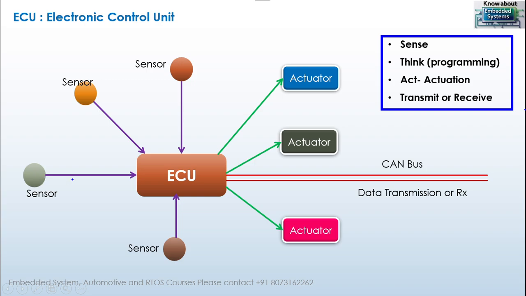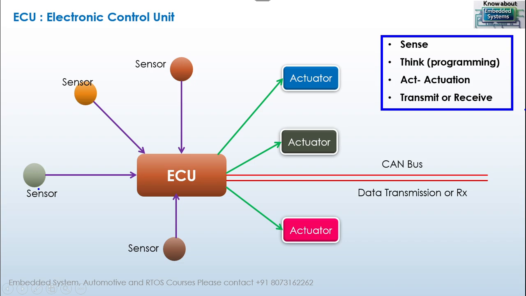Usually we use a communication channel like a CAN or LIN protocol to transmit the various sensor information to the ECU. These sensors can be vehicle speed measurement, wheel speed measurement, engine temperature measurement, accident detection, seat belt monitoring and so on.